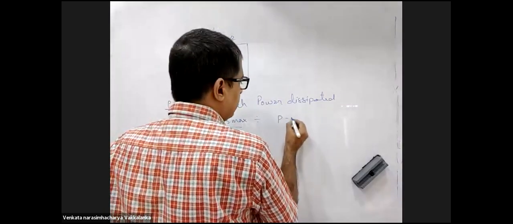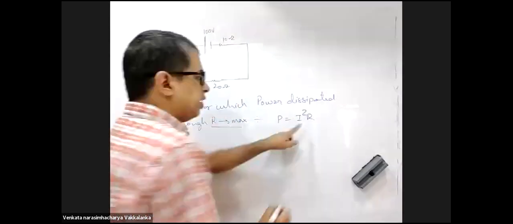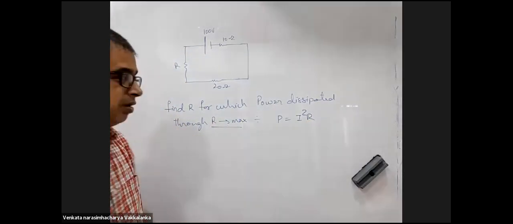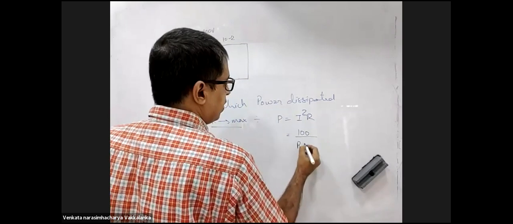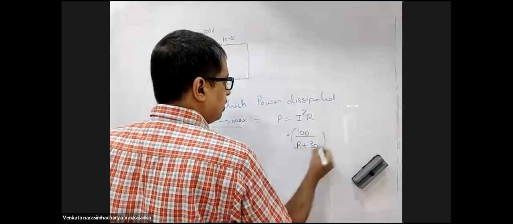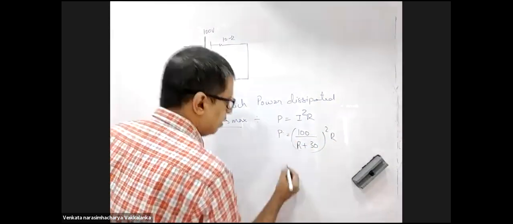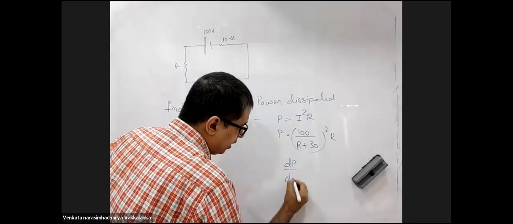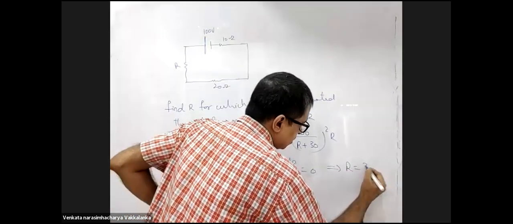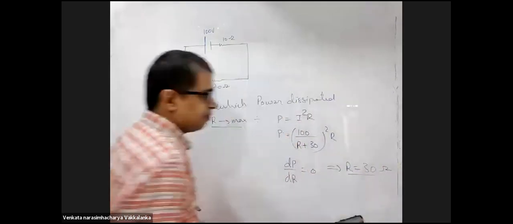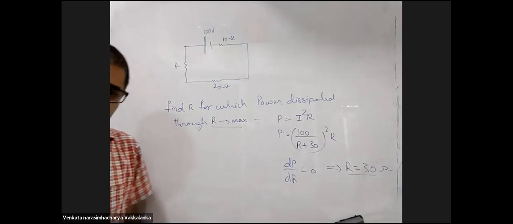Power dissipated through R itself should be maximum. So what will I write? Power is equal to I squared R, which is 100 divided by (R plus 30), whole squared, times R. Set dP by dR equal to 0. You will get R equal to 30 ohms. You don't need to worry about the simplification.